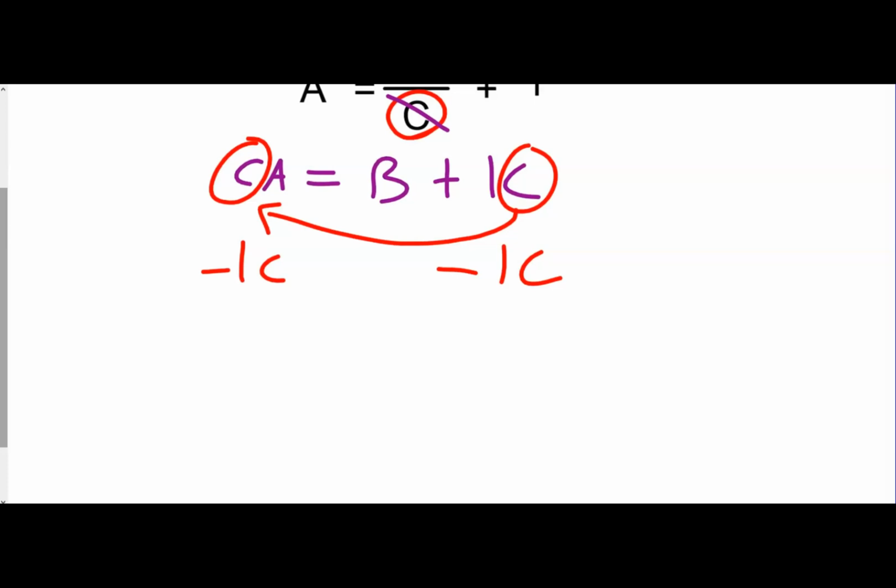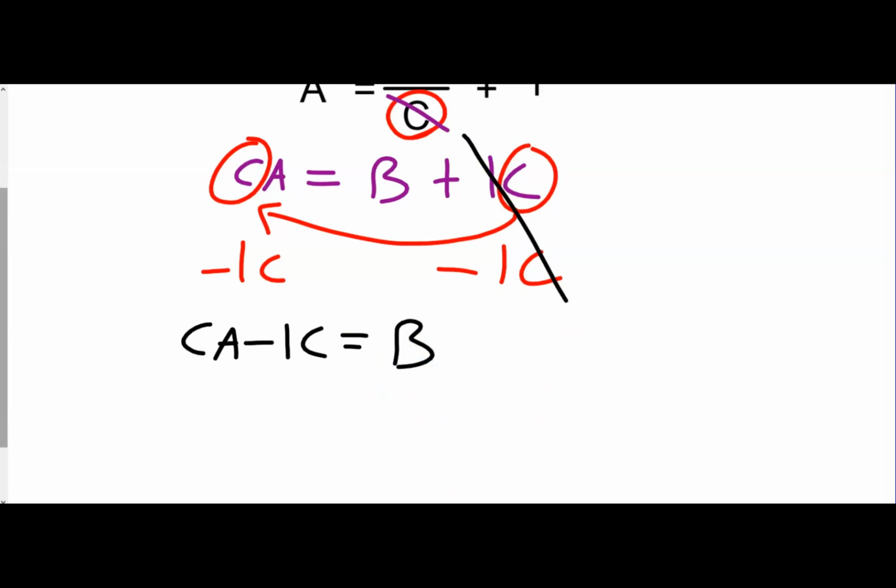Remember the basic rule of combining like terms: they have to be the same. CA has two variables, where C only has the one. So over here we have CA minus 1C. Over on the other side, we just have the B left.